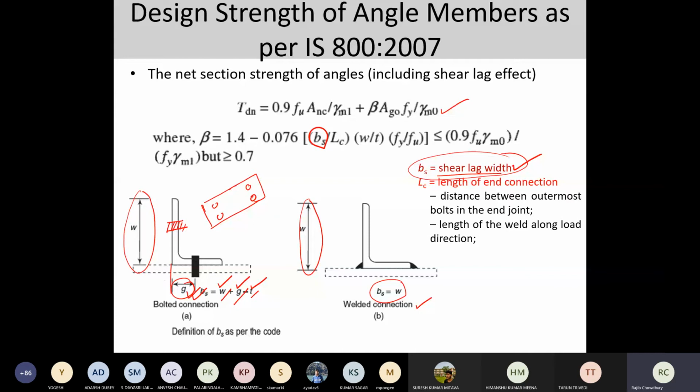Again the same formula we are typically utilizing over here for net section rupture failure. The only difference is this particular part. What is this particular part? This particular part comes from a factor which is called beta, and this beta is nothing but the effect of shear lag.